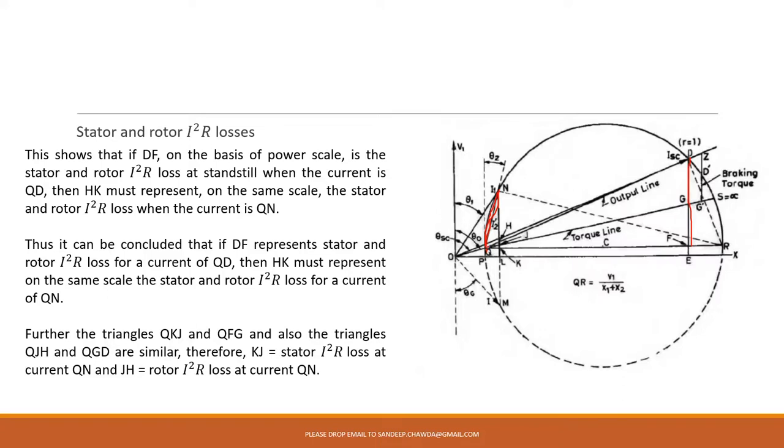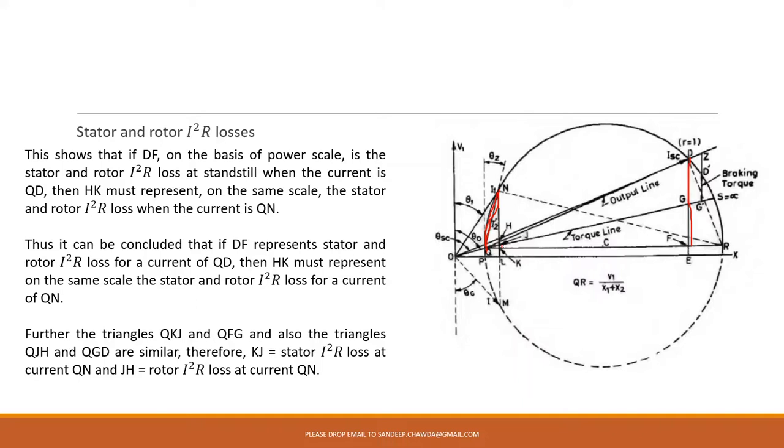Okay, so what you could say is, this KJ, from here to here, will give you stator I square R loss when your current is QN, and this JH here is going to give you rotor I square R loss at current QN.